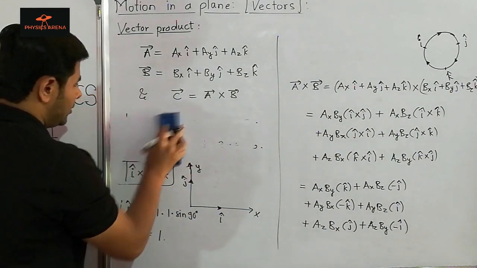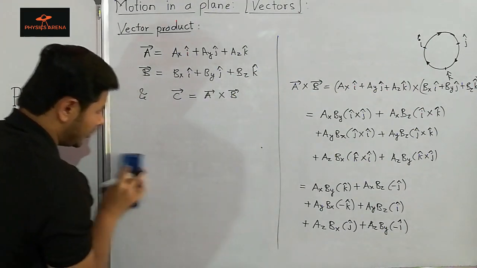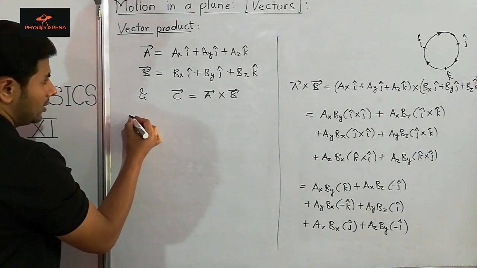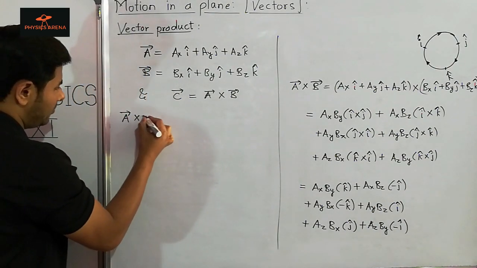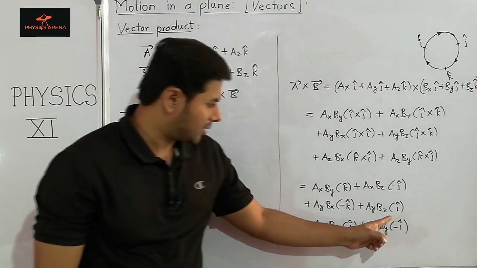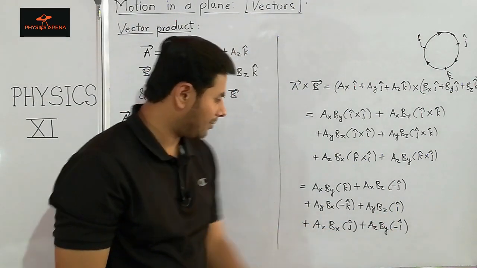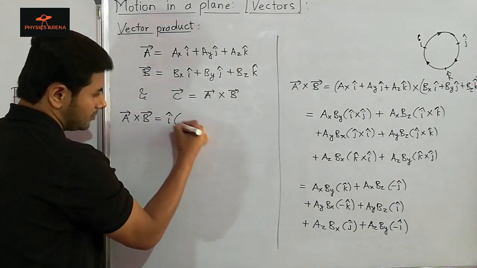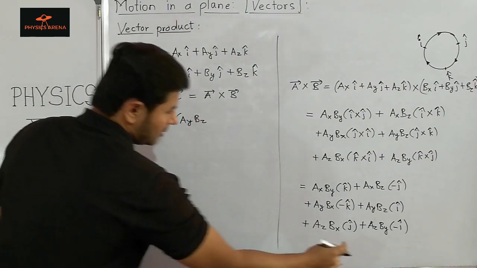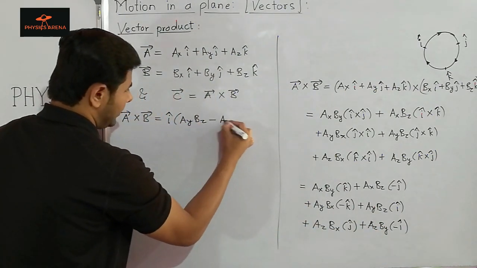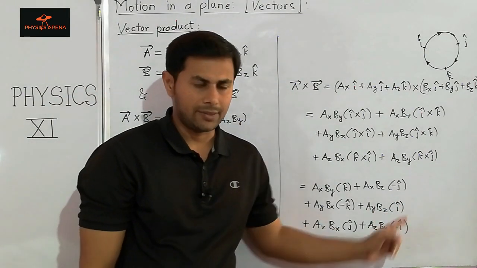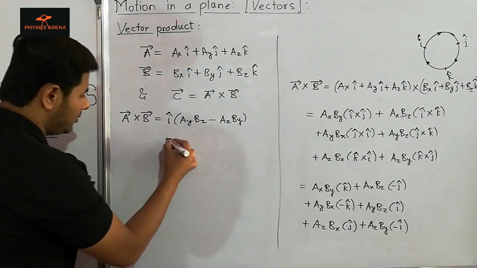Now let's take the terms common from here. So a cross b is equal to, let's take terms containing i cap, so i cap multiplied by ay bz minus az by. Then I will take minus j, I will explain why.